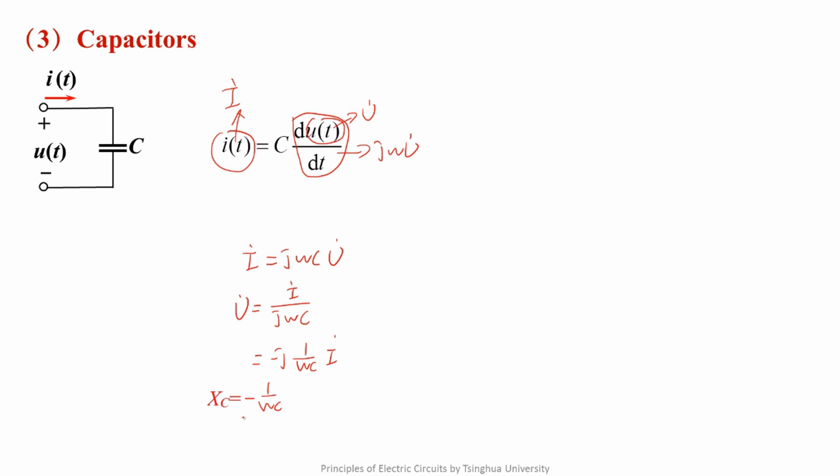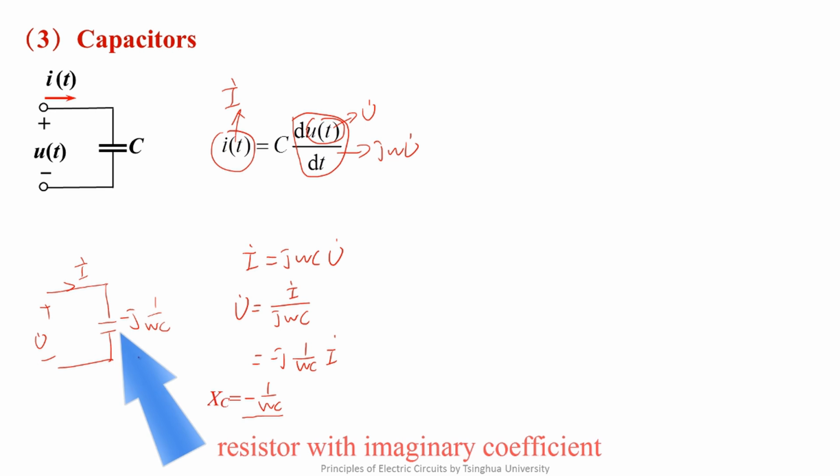So you must remember that capacitive reactance is minus 1 over omega C. It's an imaginary coefficient relationship between the voltage and the current. Similar to the inductor, its circuit model in phasor domain is like this. In this model, the capacitor is transformed into a resistor with an imaginary coefficient.